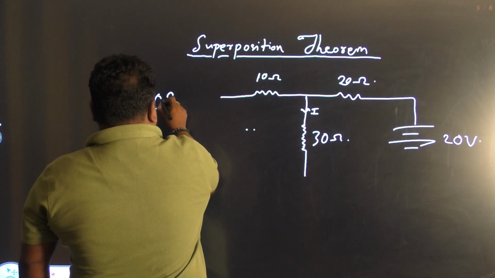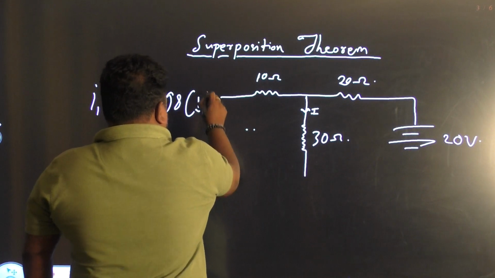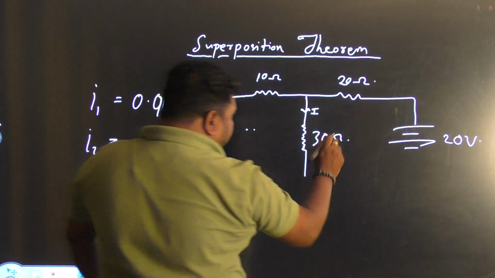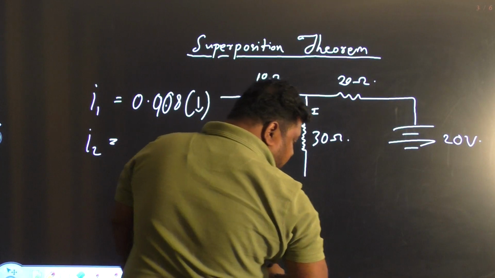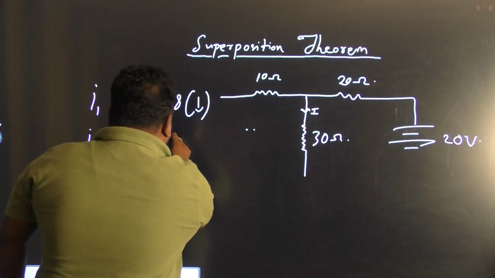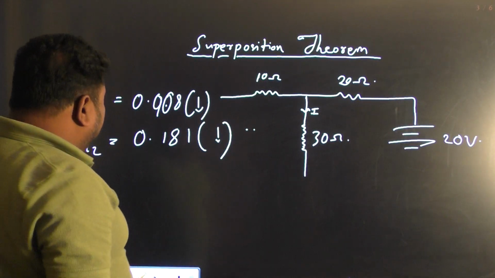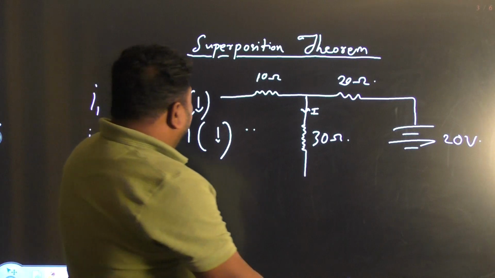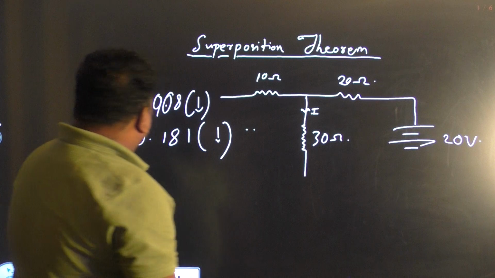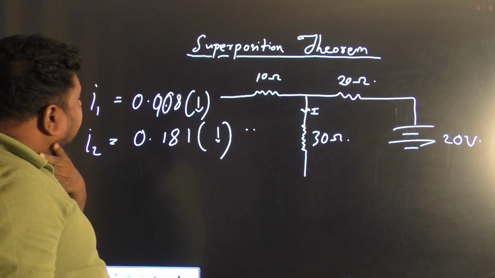I hope you remember, 0.908 and it was downward. In my second step, by considering 20 volt, I got the value 0.181 downward. Right? So for the circuit, we have got 2 currents: I1 0.908 downward and I2 0.181 downward.